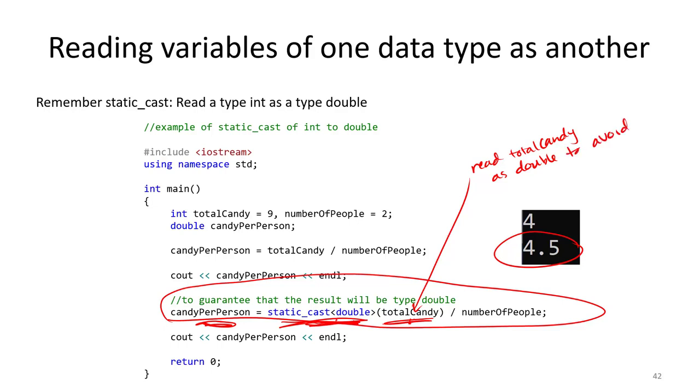So we read total candy as a double to avoid truncation errors when dividing ints.